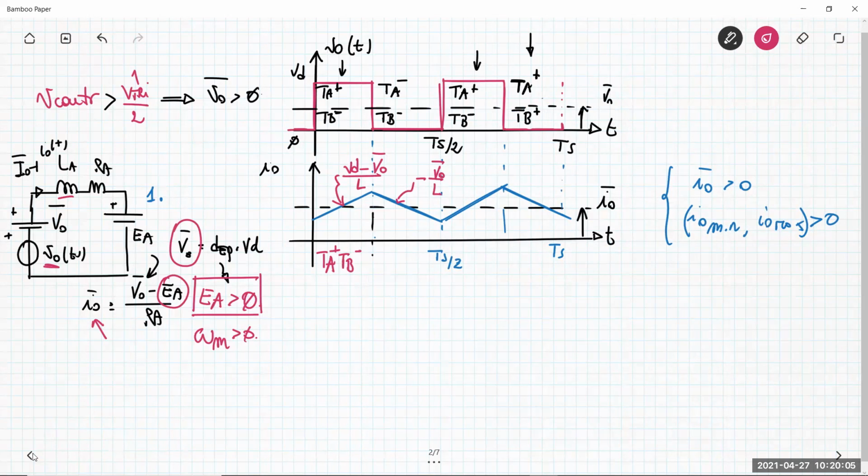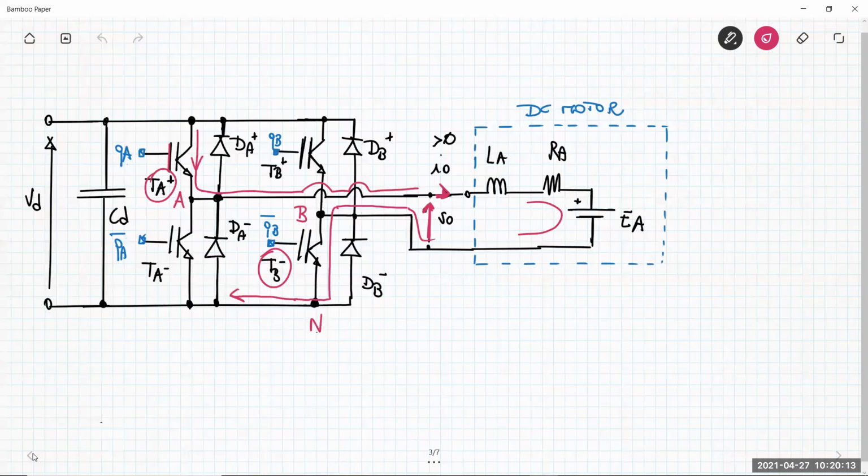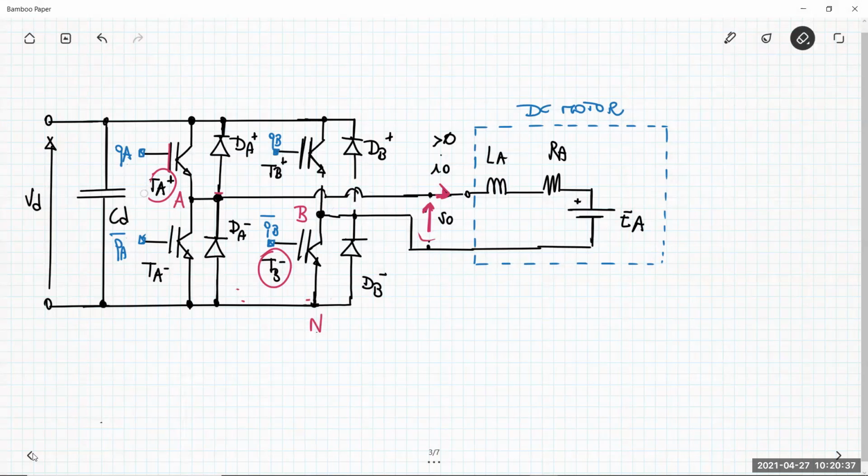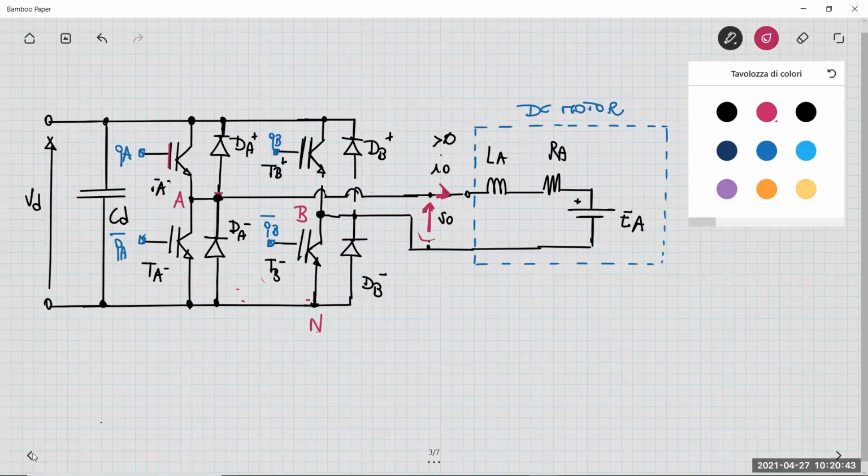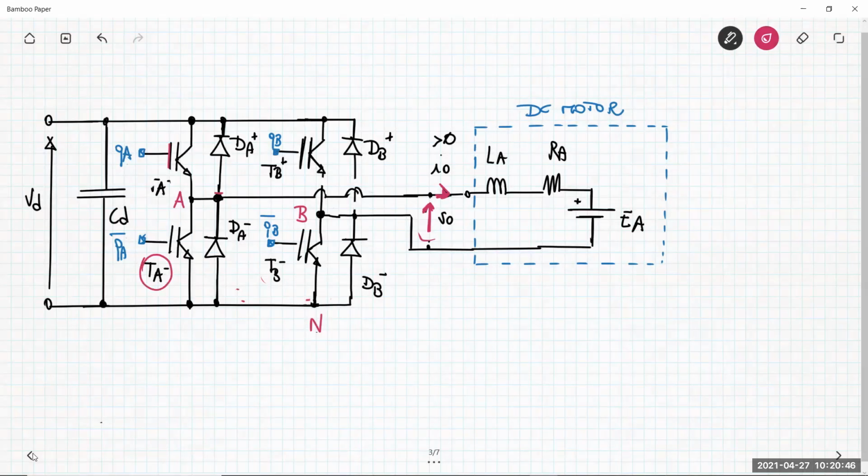What happens when you have TA minus and TB minus on, so the second sub-interval during TS? Let me cancel out this arrow here. So now the devices TA minus and TB minus are on.